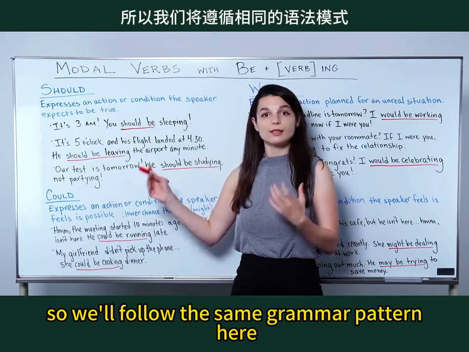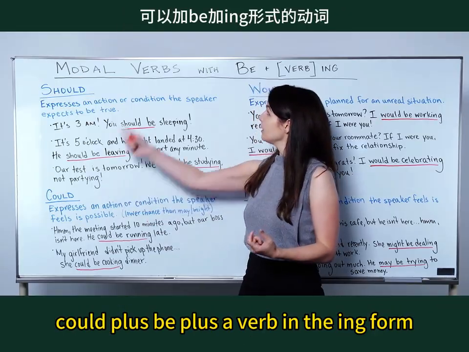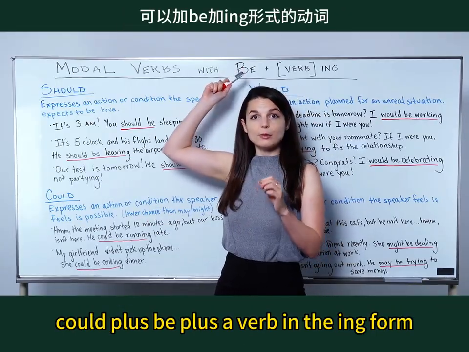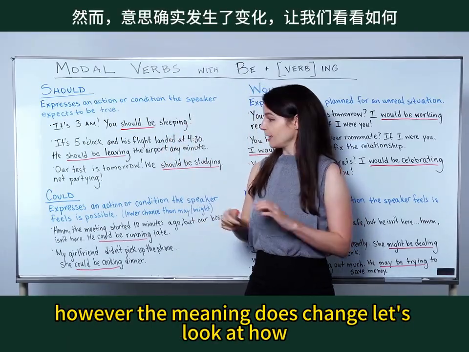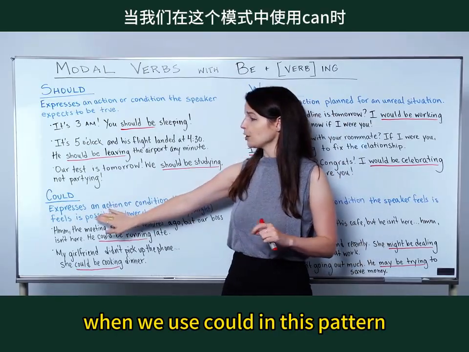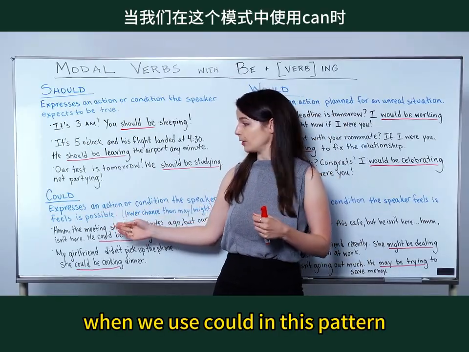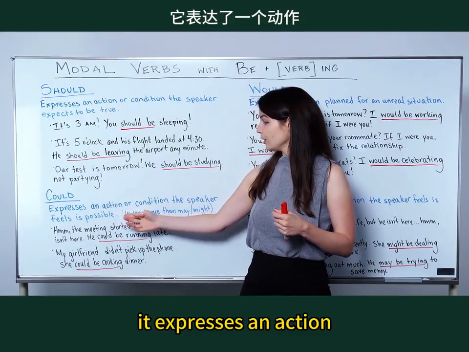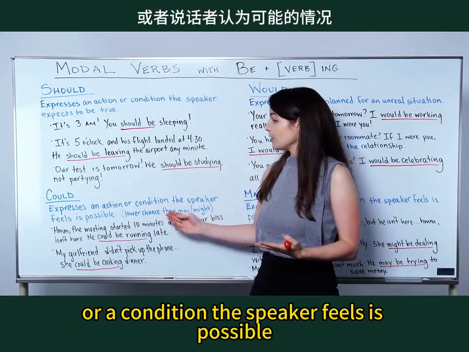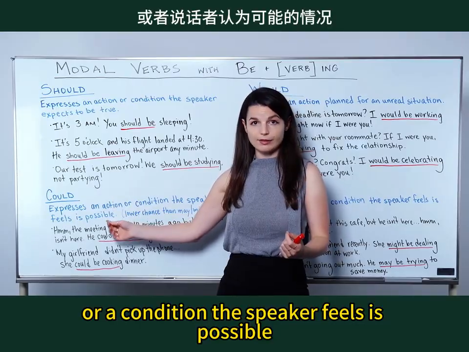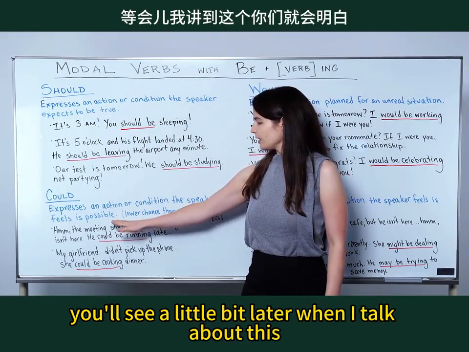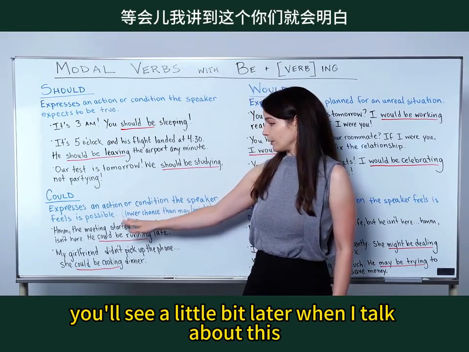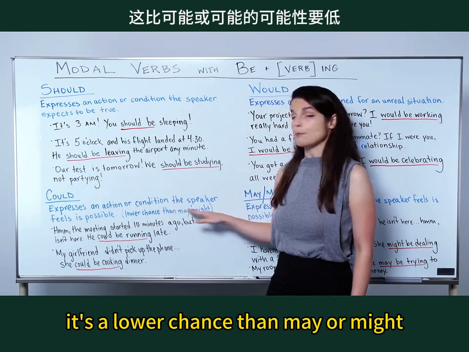So we'll follow the same grammar pattern here, could plus be plus a verb in the ing form. However, the meaning does change. Let's look at how. When we use could in this pattern, it expresses an action or a condition the speaker feels is possible, something that is just possible. So you'll see a little bit later when I talk about this, it's a lower chance than may or might.